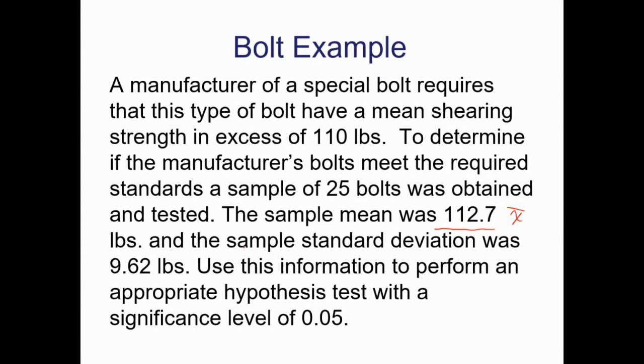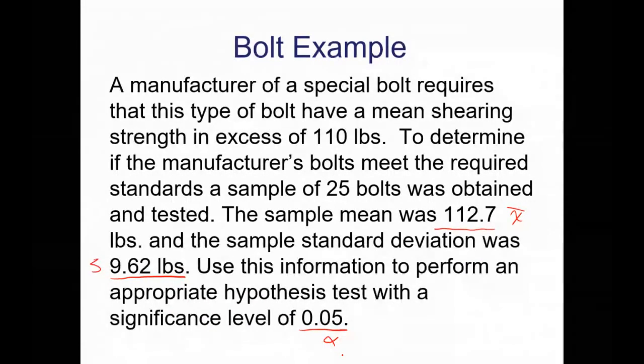And the sample standard deviation was 9.62, sorry, there's S. Use this information to perform an appropriate hypothesis test with a significance of 0.05. This 0.05 is our alpha. Where's N at? I guess I missed N. Oh, yep, there it is. 25.